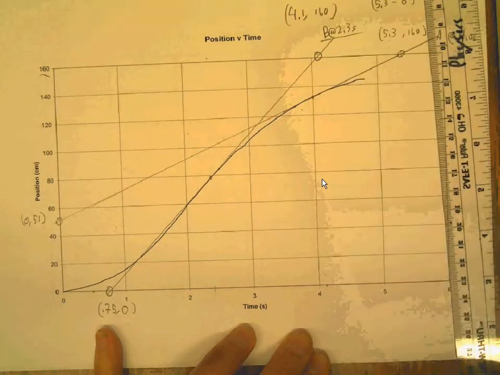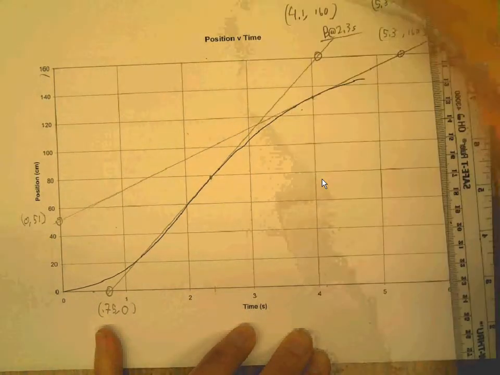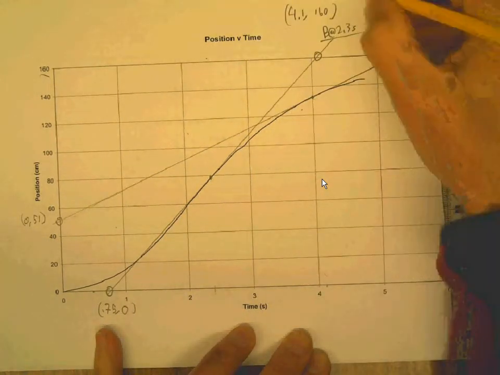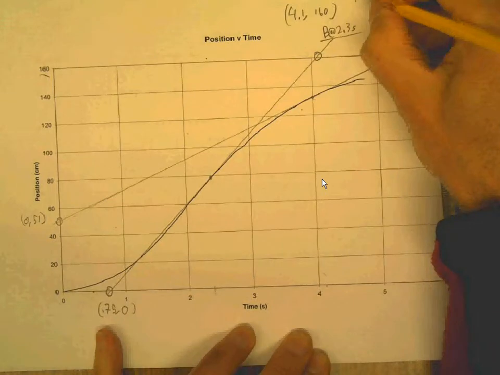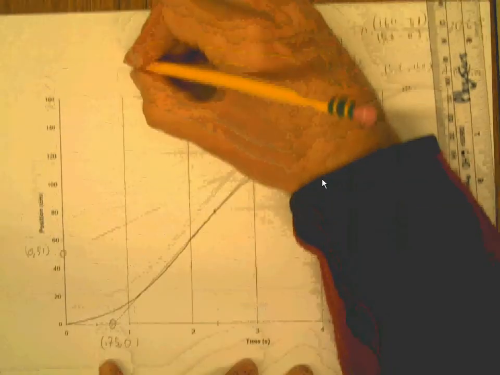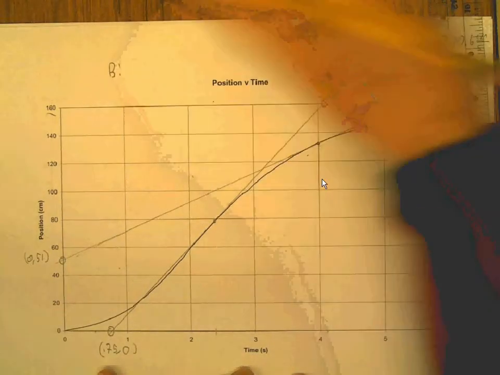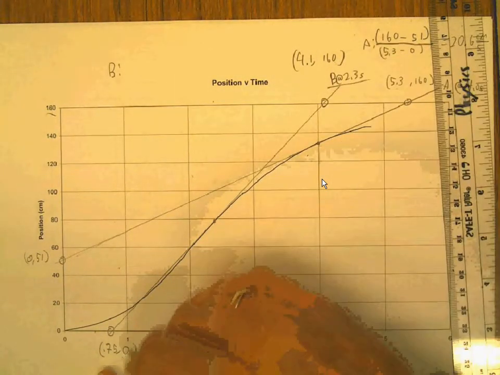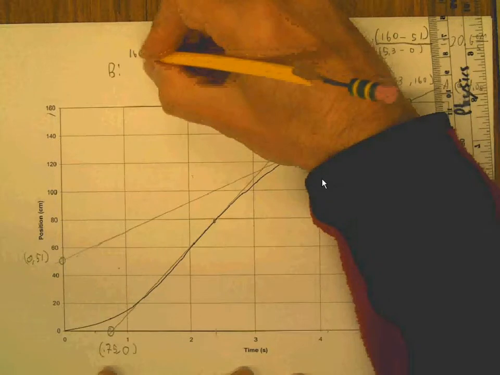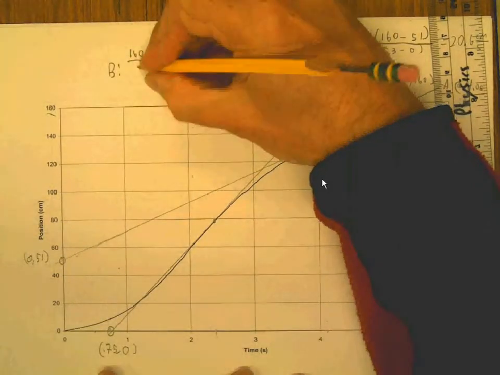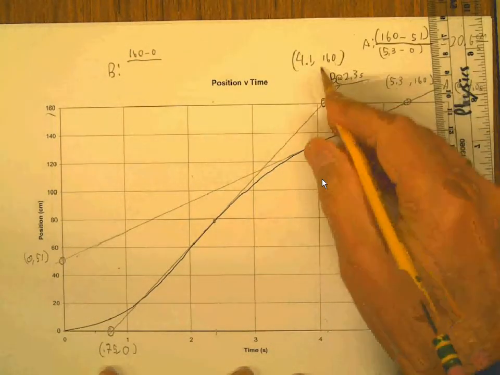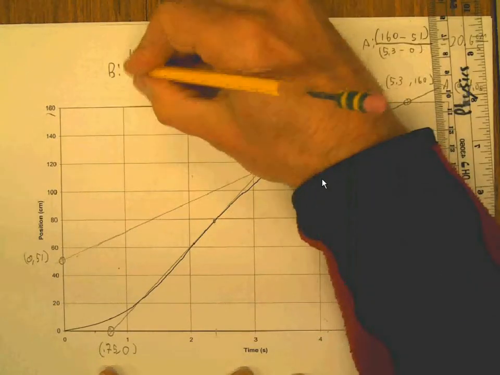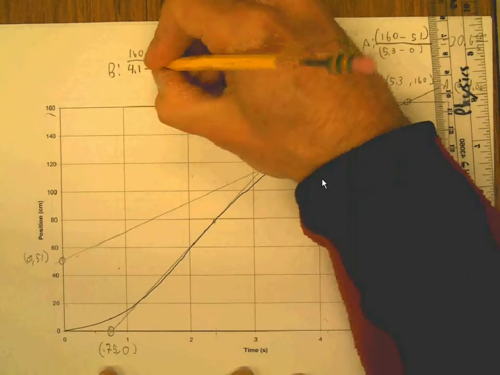Yeah? And now I can find the slope of B. That's the rise over the run, right? So 160 minus 0. It rose all 160, right? And the run is 4.1 minus 0.75.